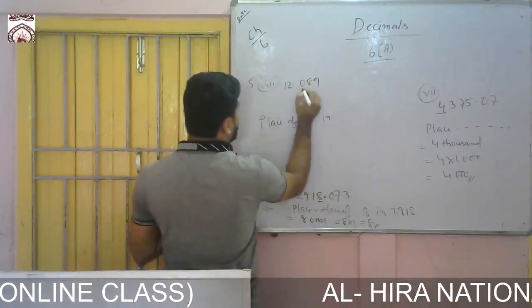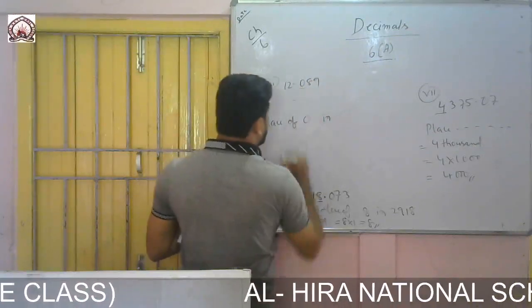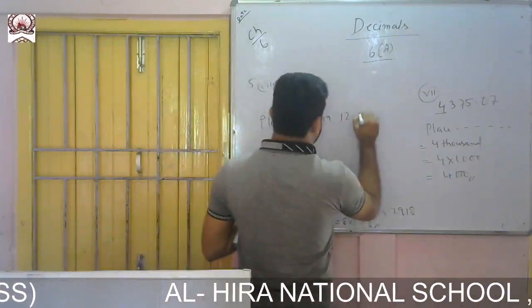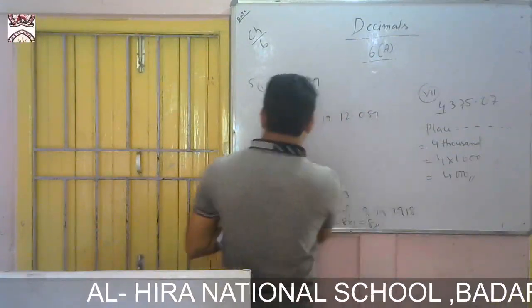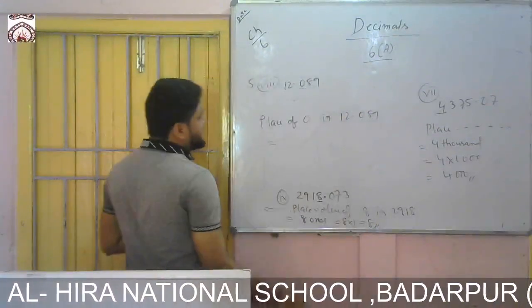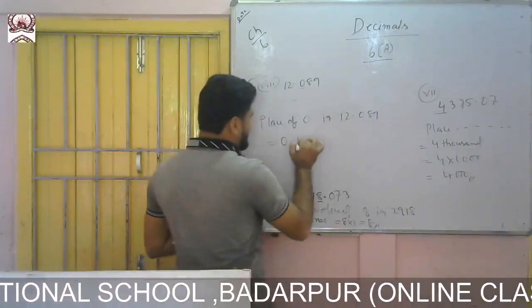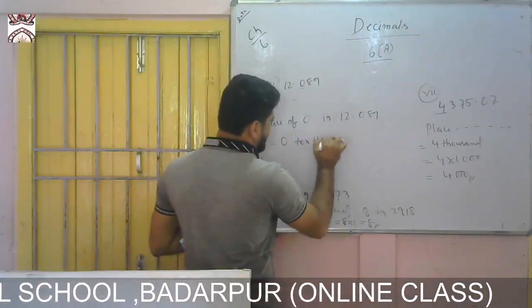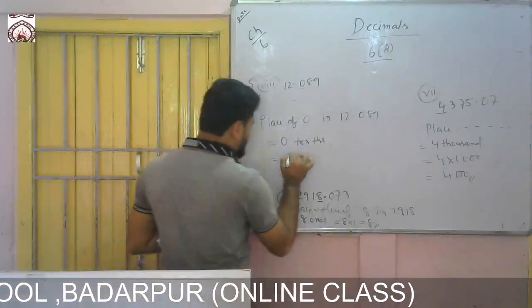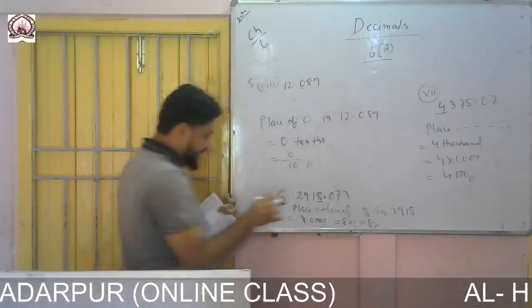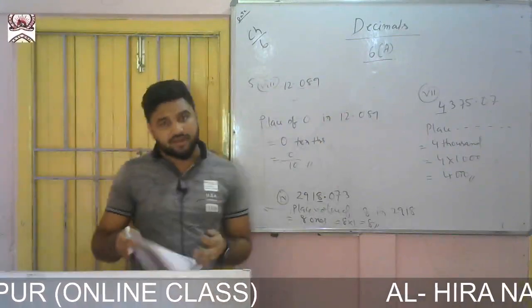So we need to find the value of 0. Place value of 0 in 12.089 equals what? It is in tenths. 0 tenths. So it will be 0 by 10. Okay. So 0 by 10 means what? Again 0.